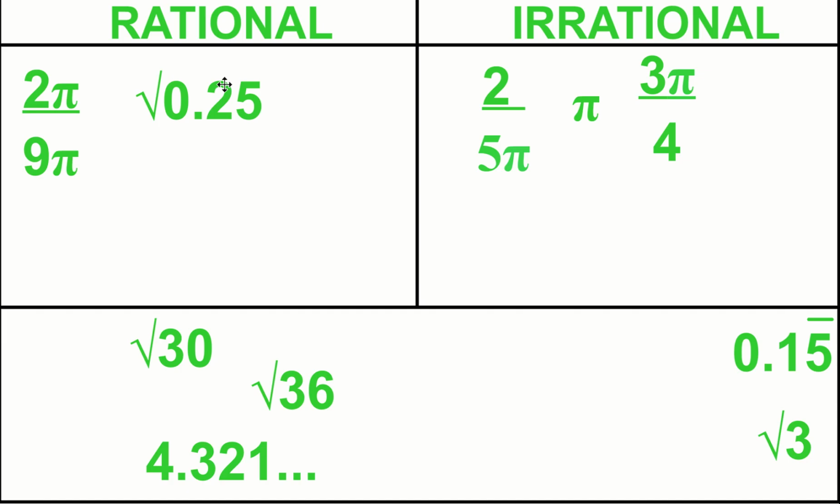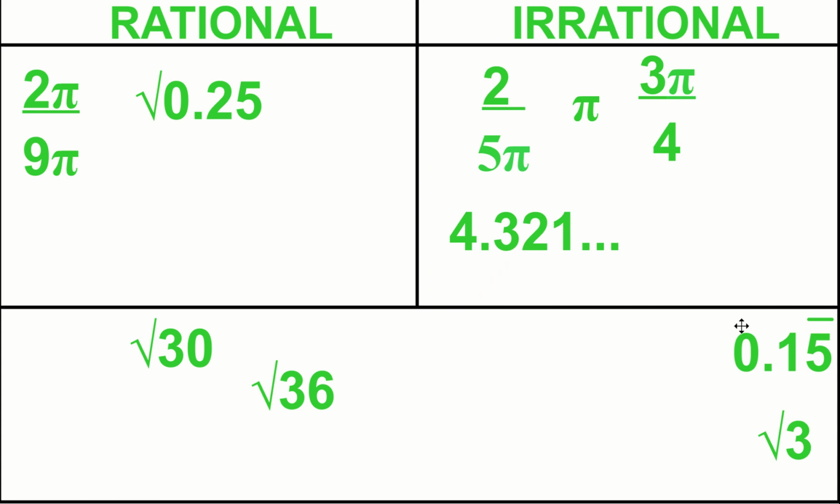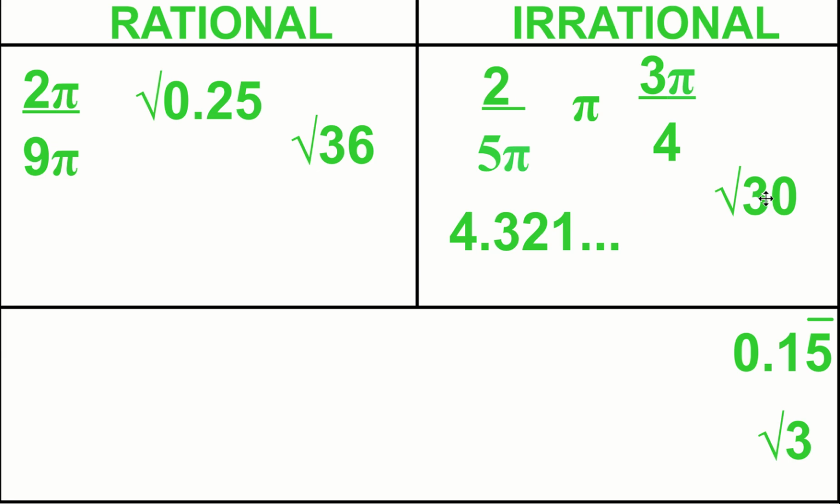Nevea. Yeah, the 4.321 is irrational when it's got the dots like that. That means it keeps going without repeating. Brian? Square root of 36 is rational. Y'all, what's the square root of 36? Grace? Square root of 30 is irrational. We don't know a square root of 30.